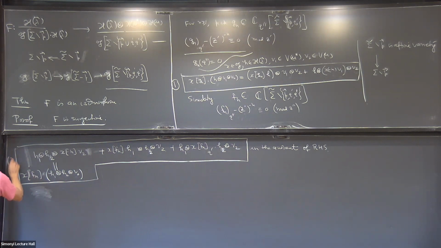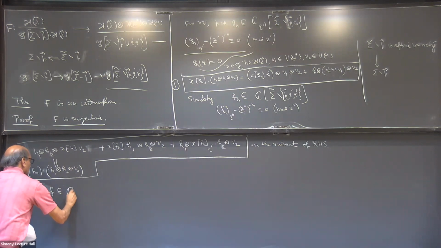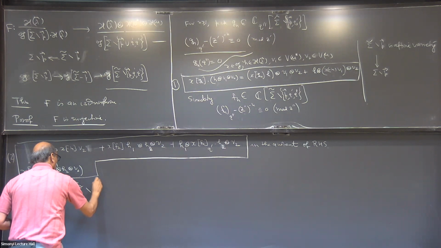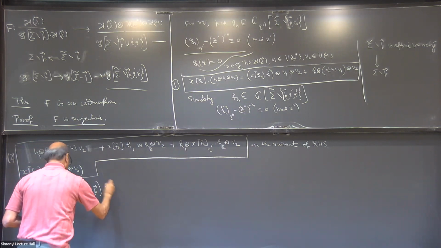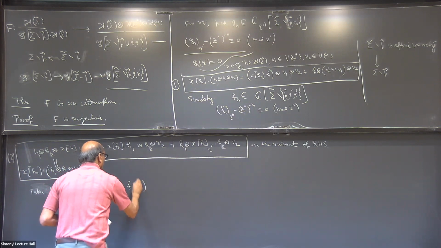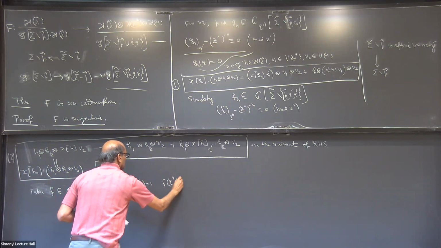So this is 2. Okay, and finally, one more thing. So finally, I am going to take F in C of sigma to minus P such that F of Q prime is 1 and F of Q double prime is 0.